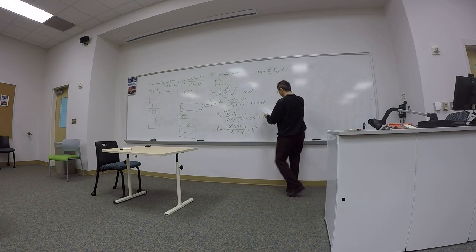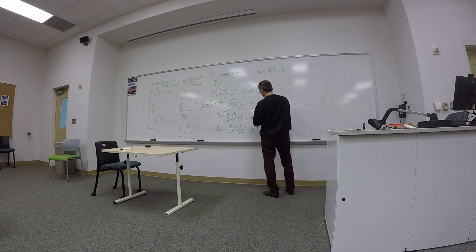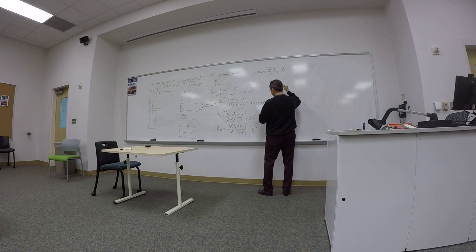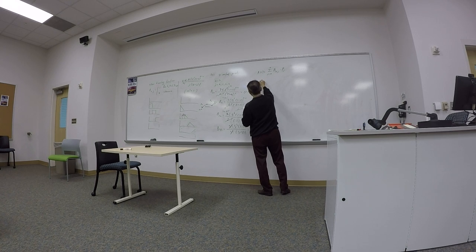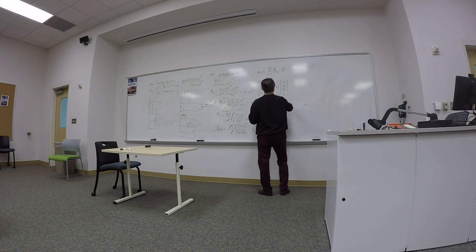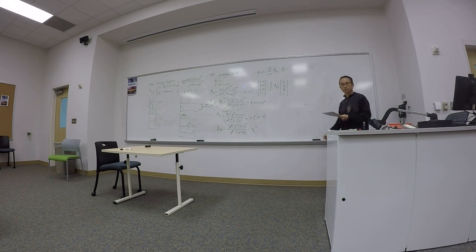So what's going to happen is, for example, if I rewrite this again, it's going to be like X, Y, Z as functions of S, with X, Y, Z, J. Okay.